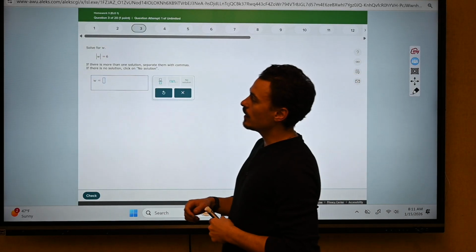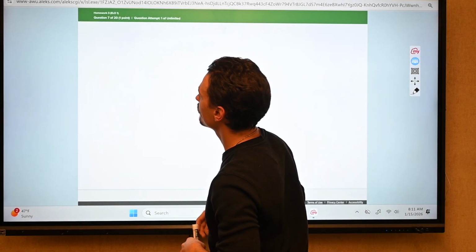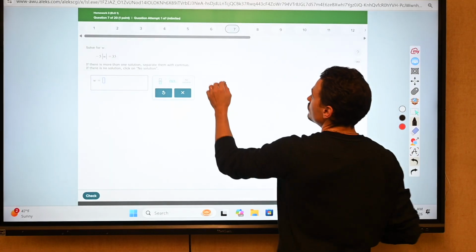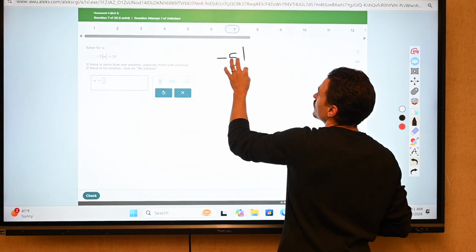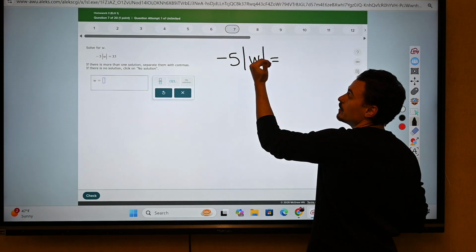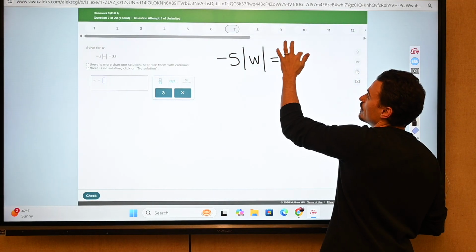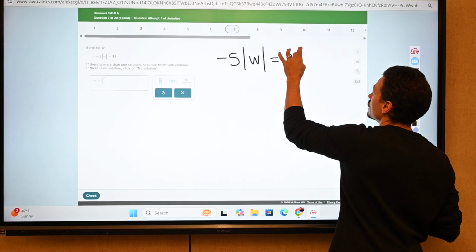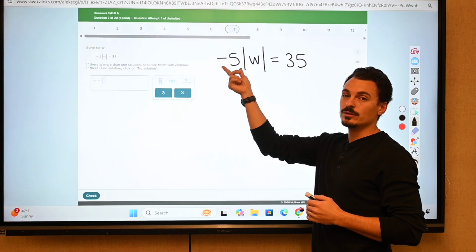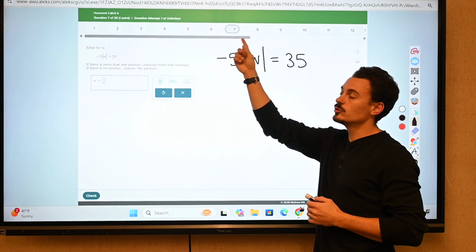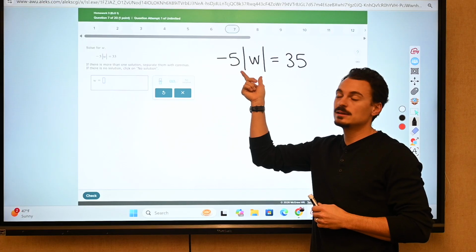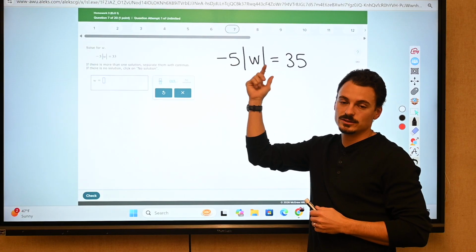Awesome. Number 7. Right here, we have negative 5 multiplied with the absolute value of w equals 35. If you have a negative number in front of this absolute value, do not distribute the number. These are not parentheses, so you cannot just distribute the number.